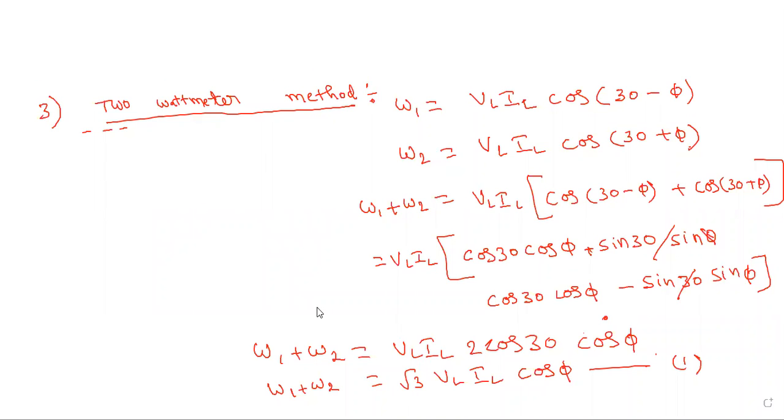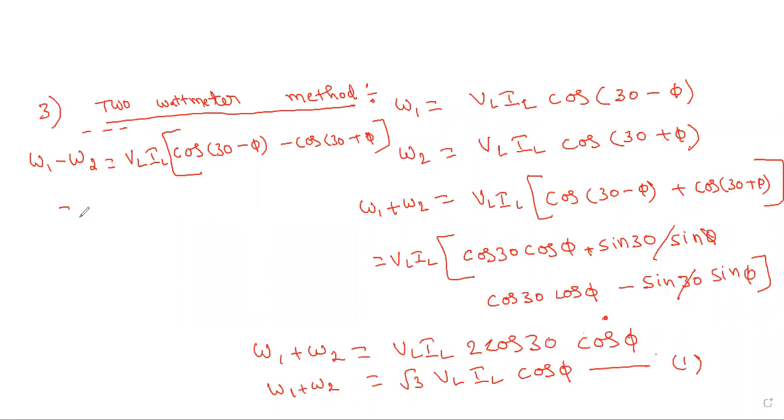Next, W1 minus W2. W1 minus W2 equal to VL IL cos(30 minus 5) minus cos(30 plus 5). VL IL as the common.